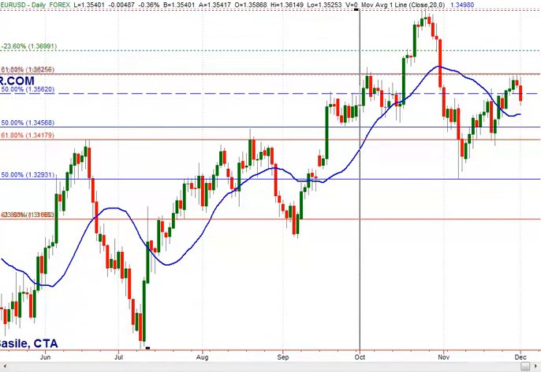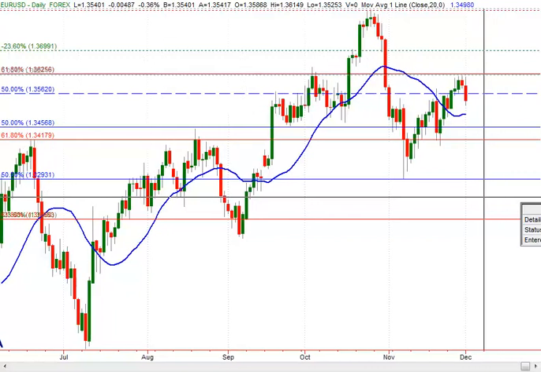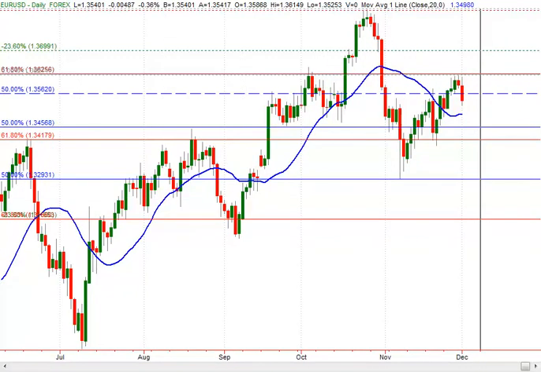Very clearly, the 132.93, 133 area acted as a support, and now we might anticipate that this support will be actually retested.